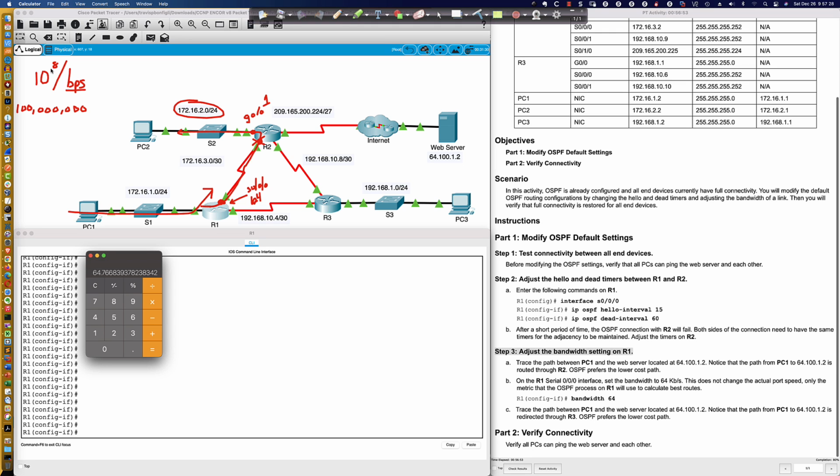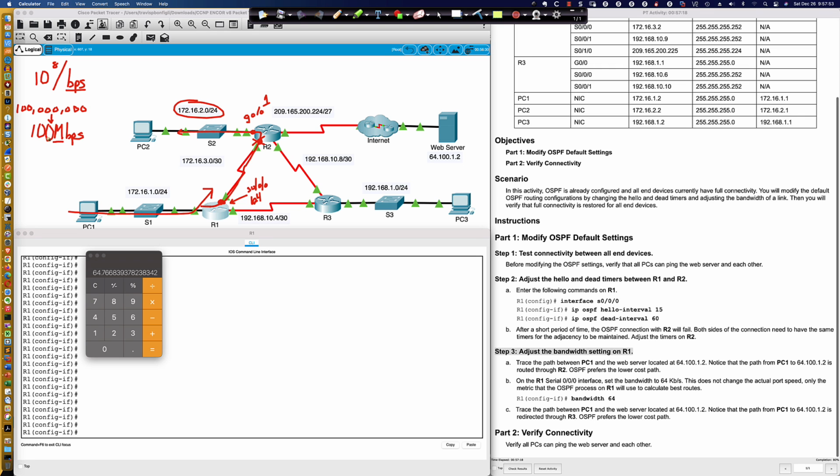And so OSPF uses this 10 to the 8 number, which, if you've been thinking out loud here, isn't that 100 megabits per second? And you would be correct. 10 to the 8, this 100 million, is 100 million bits per second.